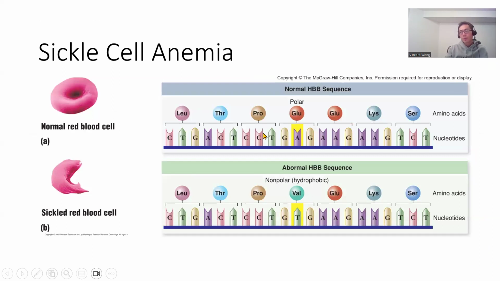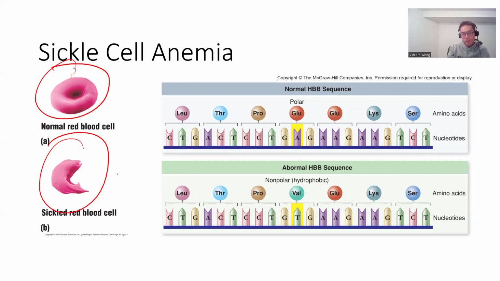So I think I told you about sickle cell anemia. That's when your hemoglobin is misfolded. The protein hemoglobin helps carry oxygen for you, and then it causes the red cell to go from normal to sickle cell shape, to moon crescent shape.